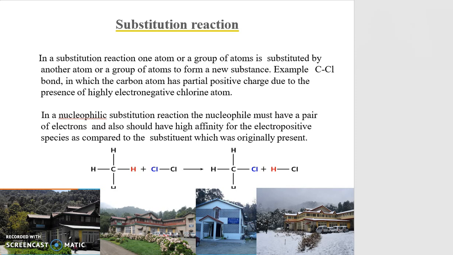Example, the C-Cl bond, in which the carbon atom has a partial positive charge due to the presence of the highly electronegative chlorine atom. In a nucleophilic substitution reaction, the nucleophile must have a pair of electrons and also should have a high affinity for the electropositive species as compared to the substituent which was originally present. You can see here the cleavage of the C-H bond.